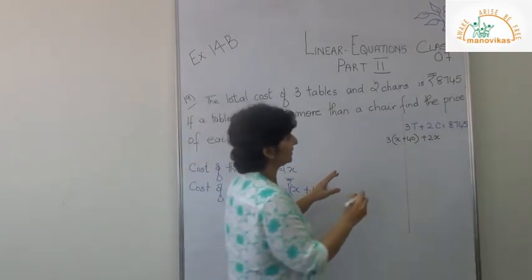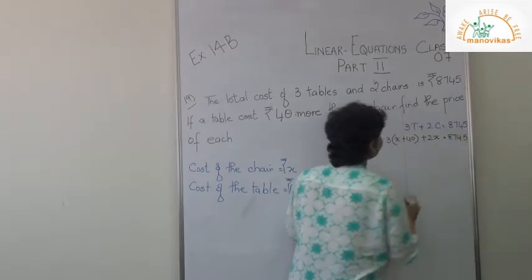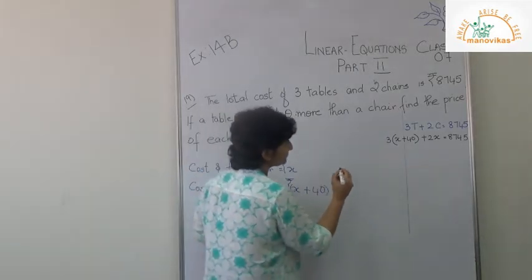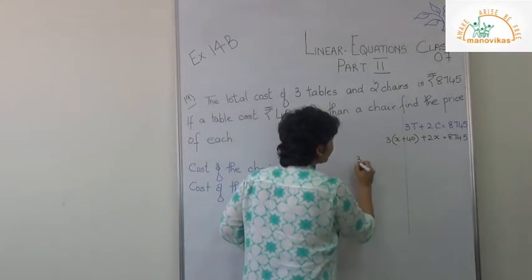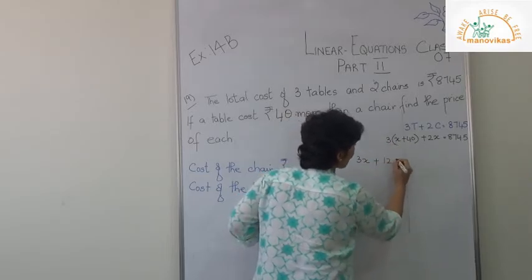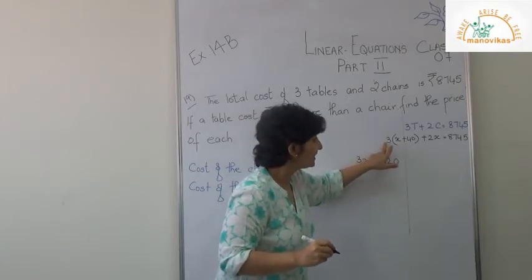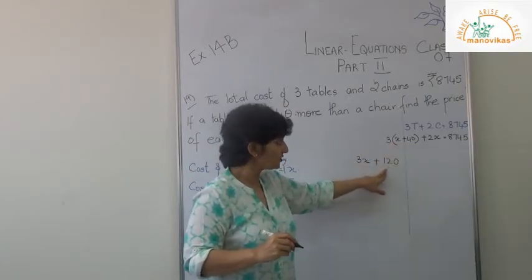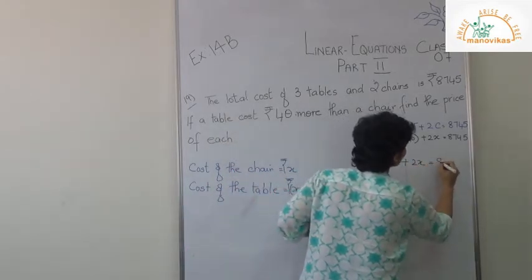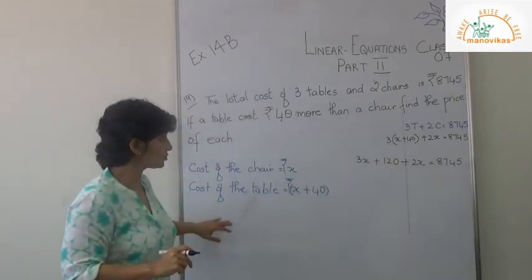All this together is equal to 8745. Clear? So now let's solve it. What do I get? 3 into X gives me 3X plus 3 4s are 12, so that is 120 plus 2X is equal to 8745. Have you understood, children?